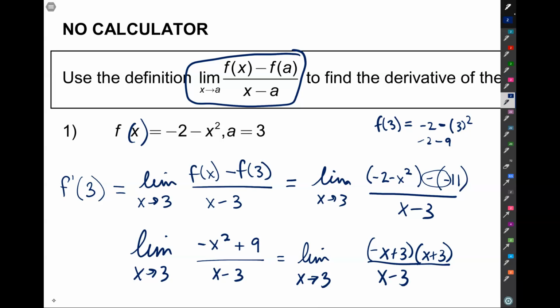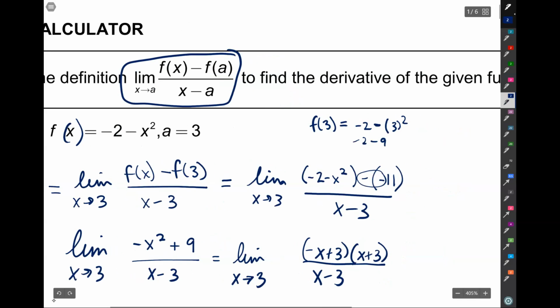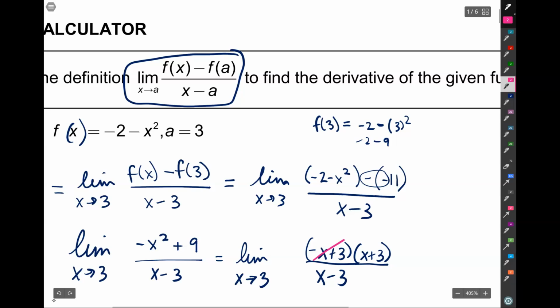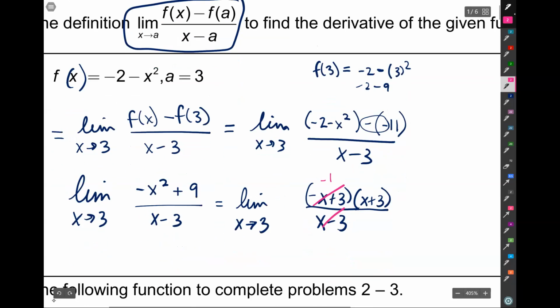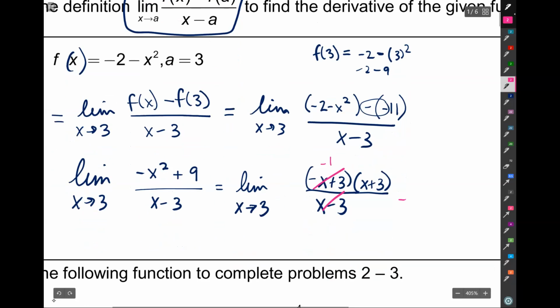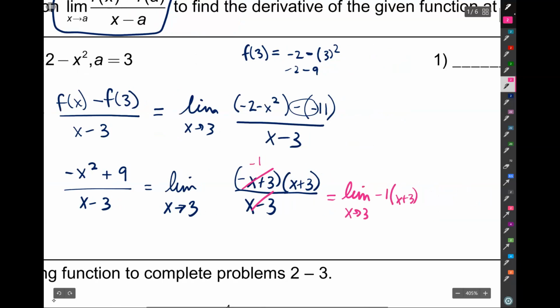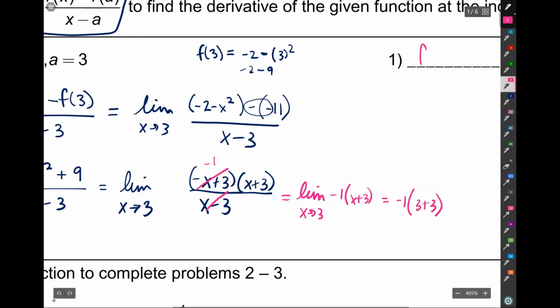That leaves me negative 1 up here. So negative 1 times x plus 3 as x approaches 3. So this turns into negative 1 times 3 plus 3. So it's just going to be negative 6.